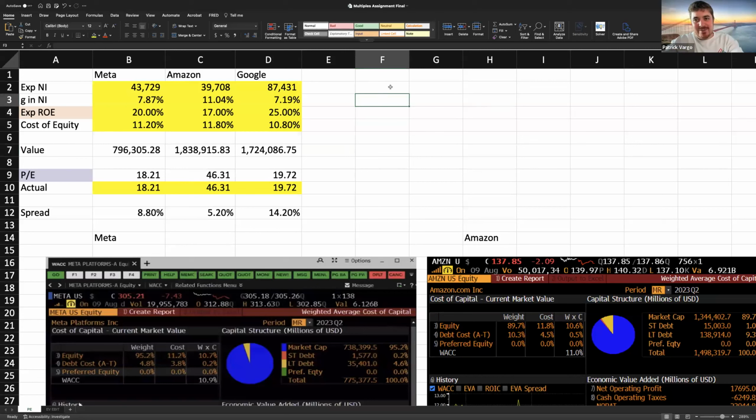In F3, put in 0.2. And in F4, put in 0.17. Sorry, I'm dropping in and out here for a second. That's okay, I'm still sharing.